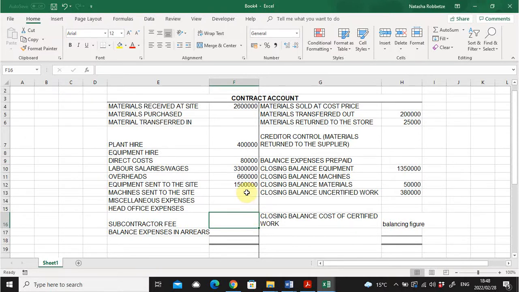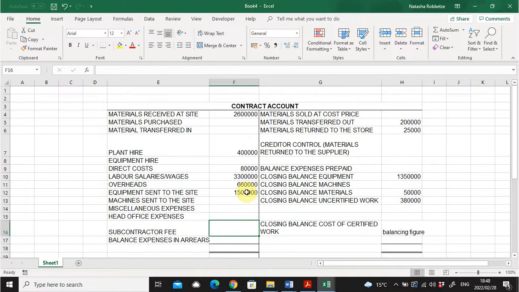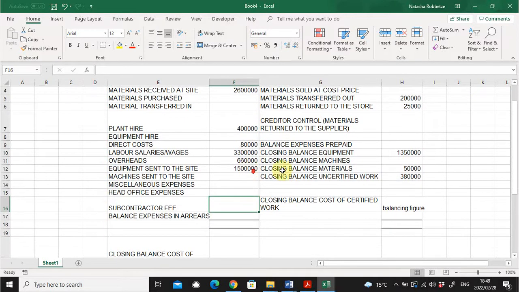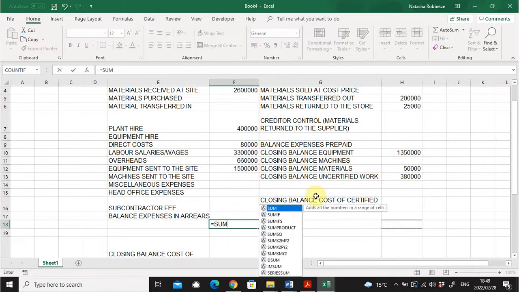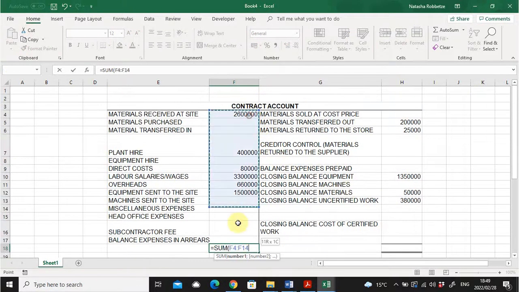All right, let's see. Was there any other information that we maybe have missed? It seems not, so we can go ahead and calculate our balancing figure. So I'm going to get the sum of everything on the debit side.